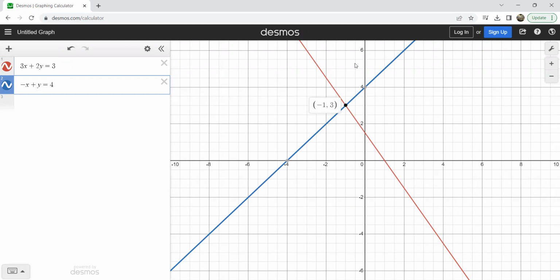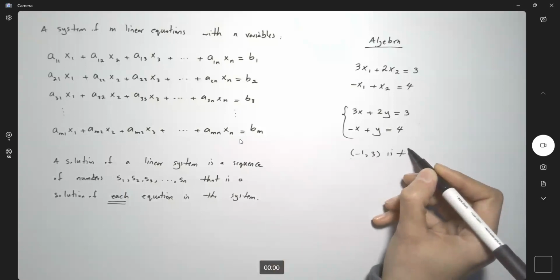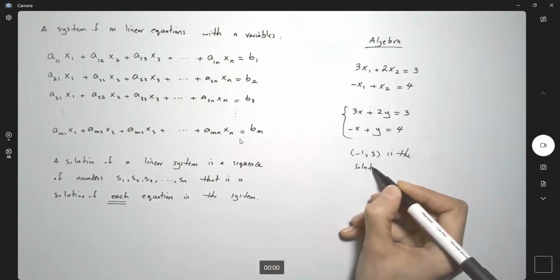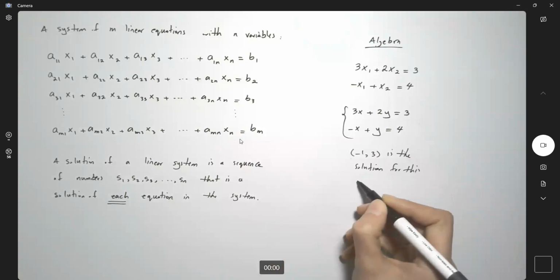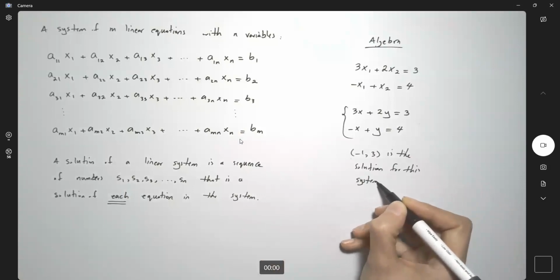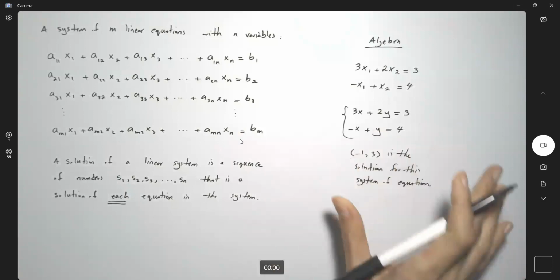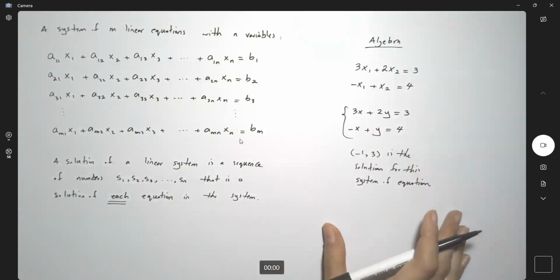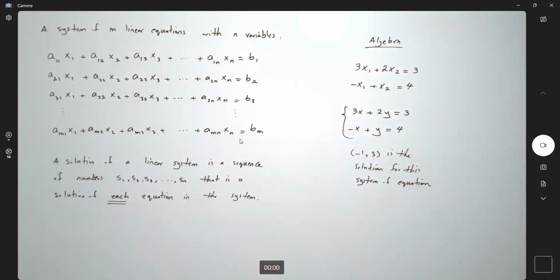So you can easily conclude that -1 and 3 is the solution for this system of equations. You're basically doing the same thing. You're generalizing the idea from basic algebra into a more generalized form.